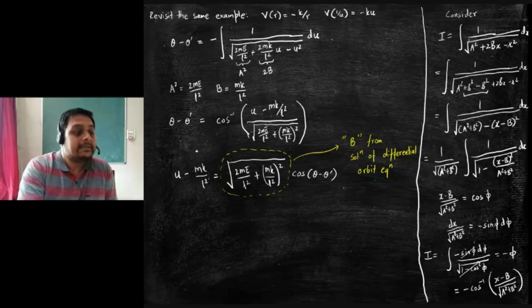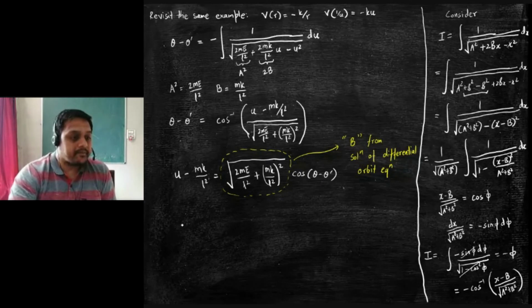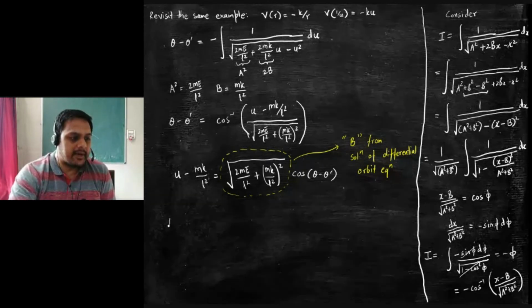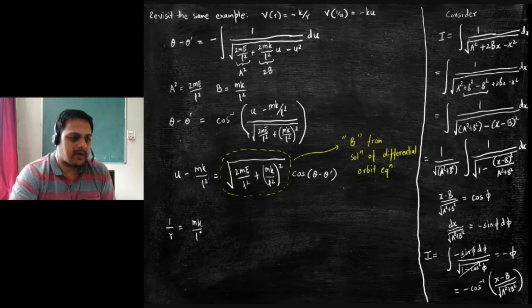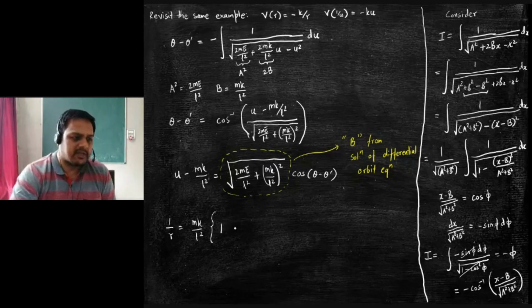Okay. Now, I can take the mk by L square on the other side. I will get r is equal to mk by L square common, big bracket, 1. This 1 comes from this thing going on the other side.